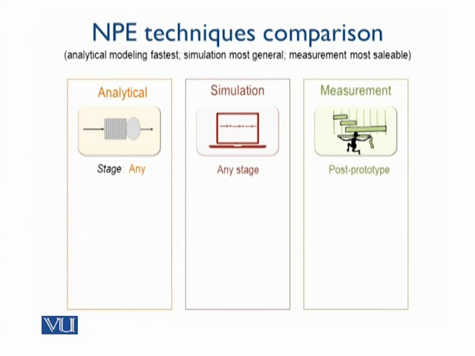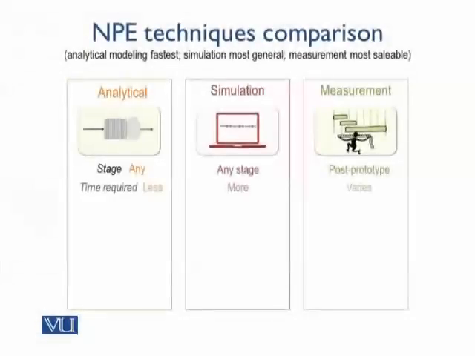You may even do it while the system is there. But measurement actually requires the system to be present or the prototype to be present. Simulation can also be done when the prototype does not exist. So for questions of design, when you're building a new system, the only two choices that you have are analytical modeling and simulation. And measurements is not really an option because you don't have the system.